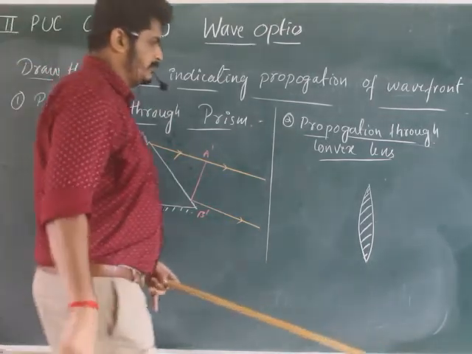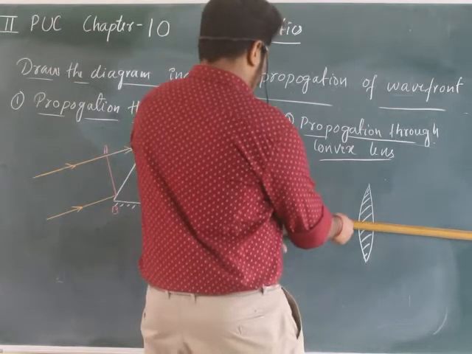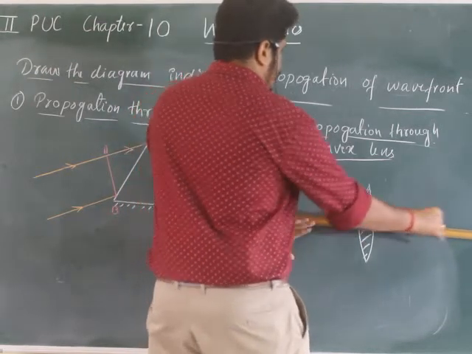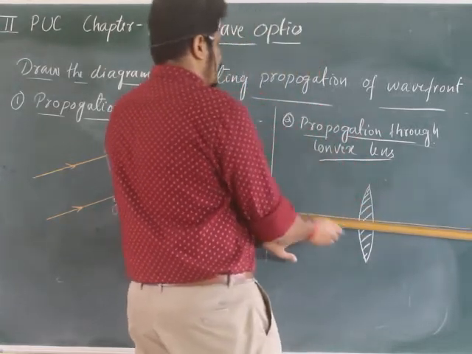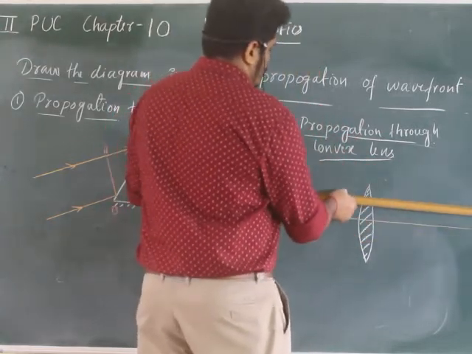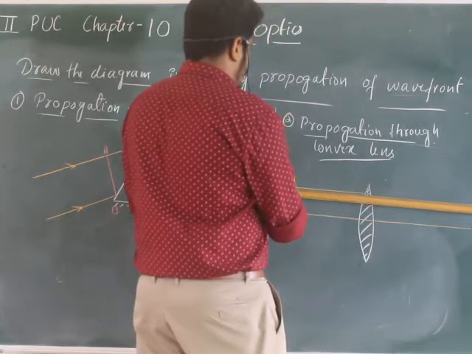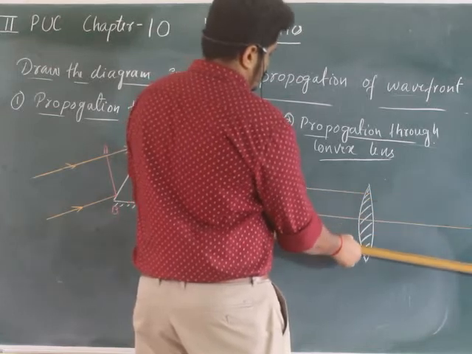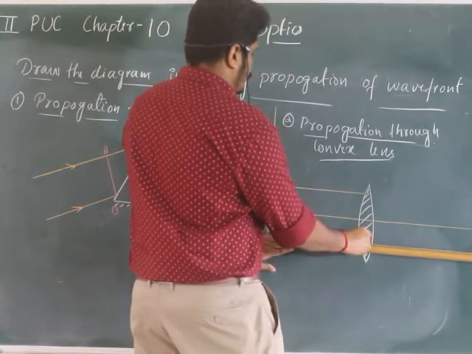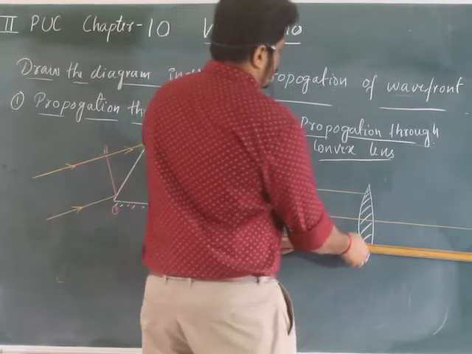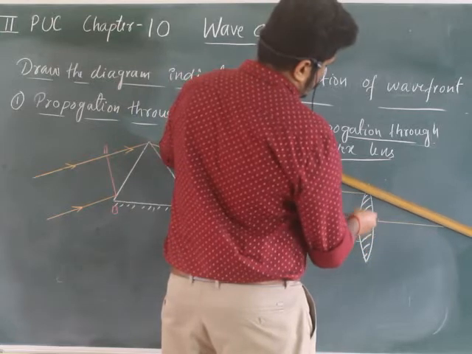A plane wavefront means, of course, parallel rays of light. A ray of light goes undeviated along the principal axis and the rest of the rays, you know, right? Undergo convergence. Here also one more I will take. How the rays of light will behave, let us see. We know converging takes place here.